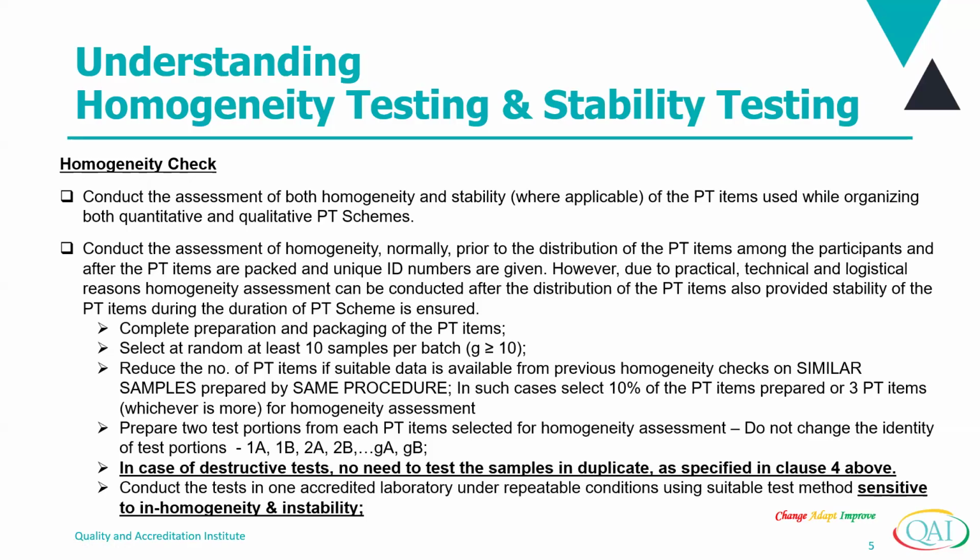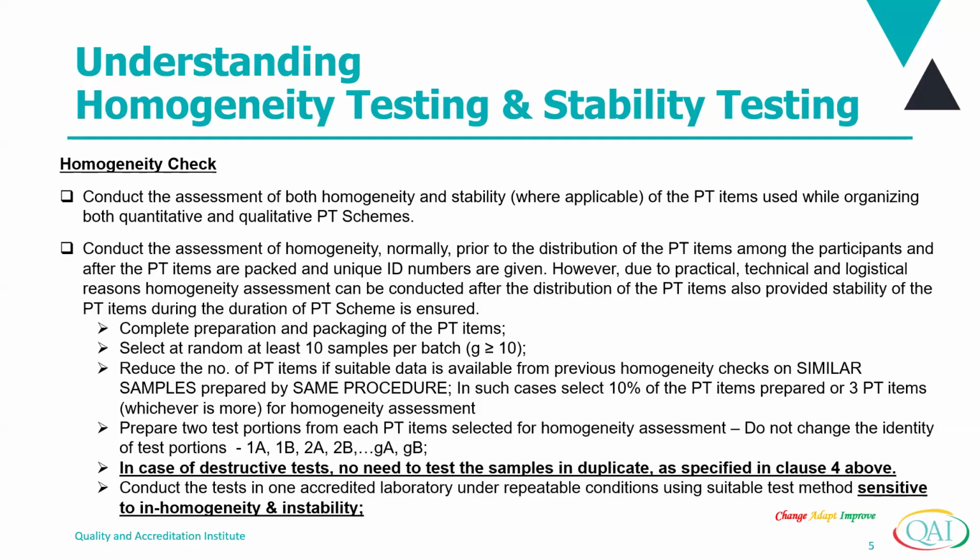Further, the complete preparation and packaging of the PT items are important, and you have to select at least 10. We have already discussed G greater than or equal to 10. Reduce the number of PT items if suitable data is available.